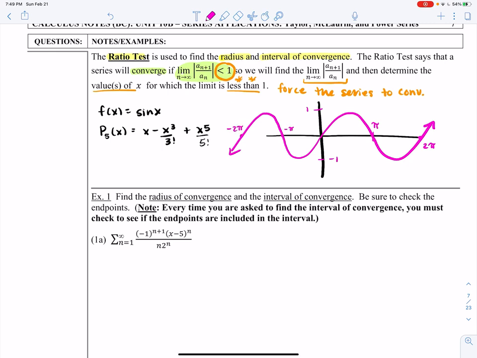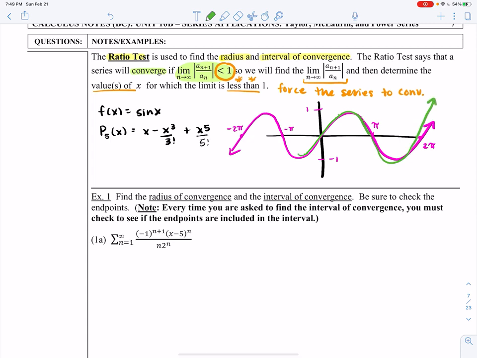What's interesting here is when you graph the polynomial, you're going to notice that this polynomial is pretty close to these values all the way until about right there.